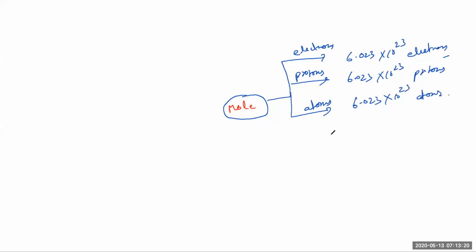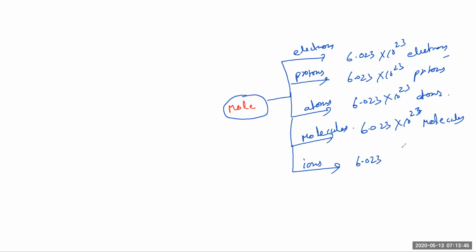Next, 1 mole molecules means 6.023 into 10 power 23 molecules. 1 mole ions means another 6.023 into 10 power 23 ions.